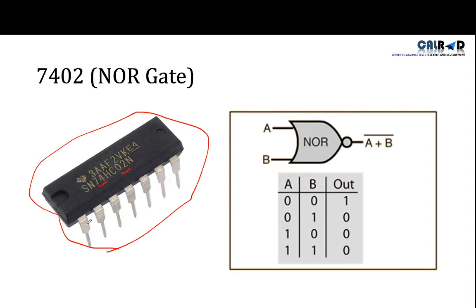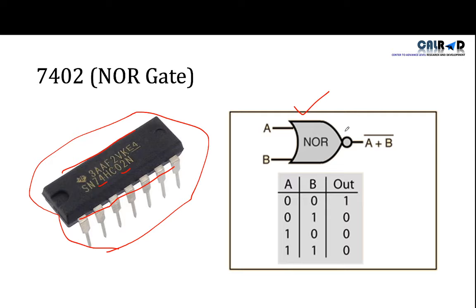This IC is same as the 7408 IC in the physical sense but not in the structural form. Physical sense means that it also has 7 legs on this side and 7 legs on this side, and this is the symbol for NOR gate.